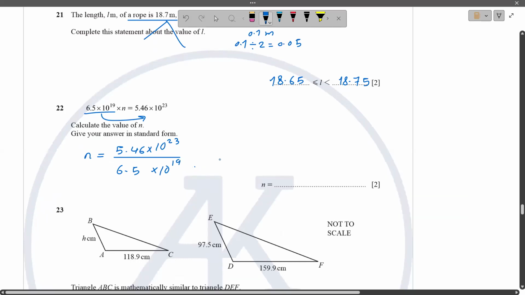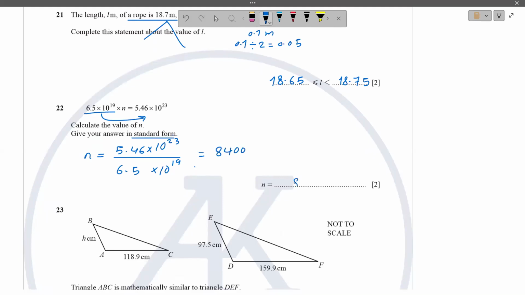Let's use the calculator and write it. It's 8,400, but write it in standard form. So it's 8.4 multiplied by 10 to the power of 3.